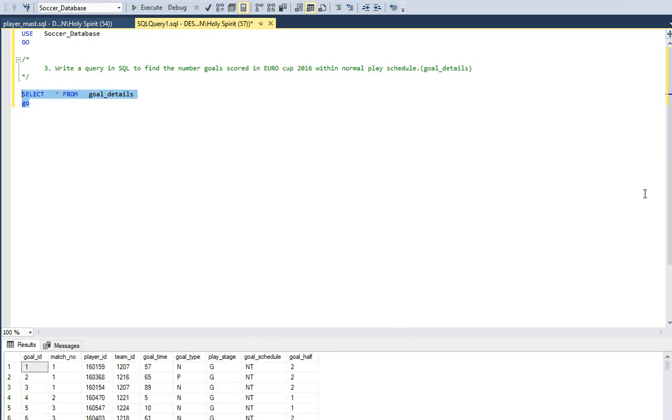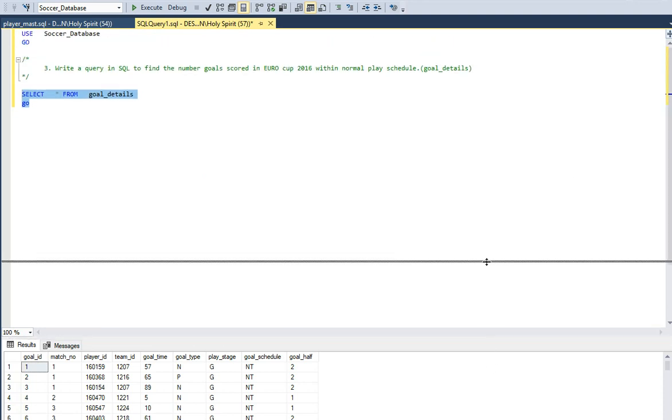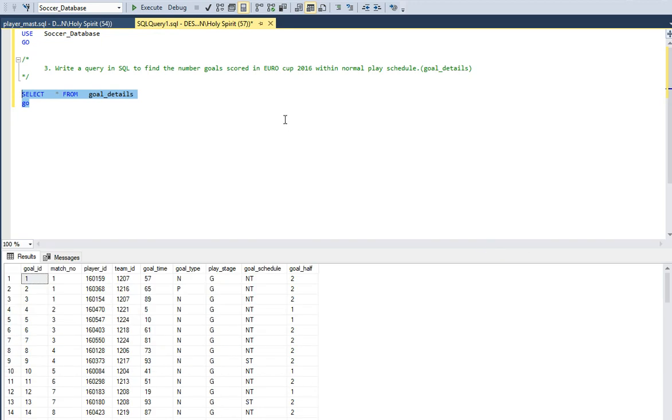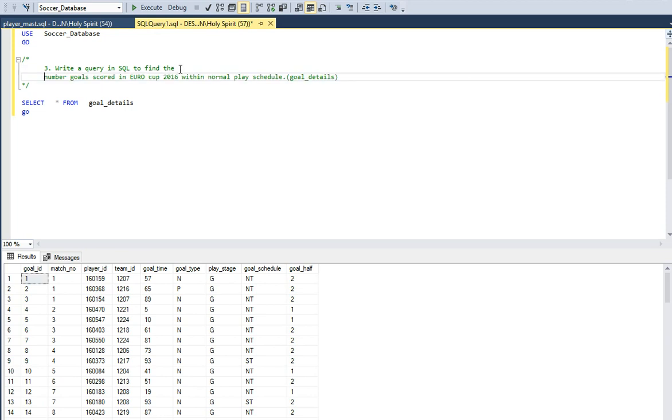Execute. Okay, number of goals scored. Here we can divide this question now. First of all, number of goals we are going to find.